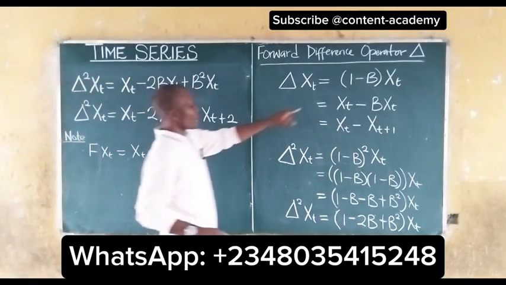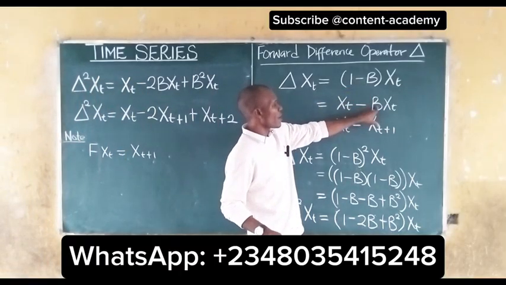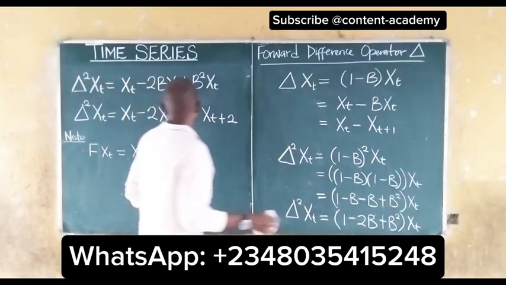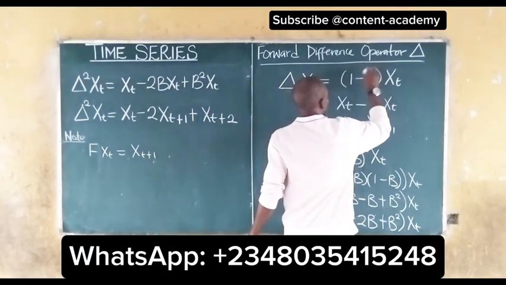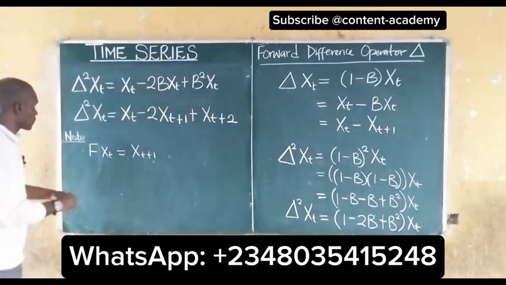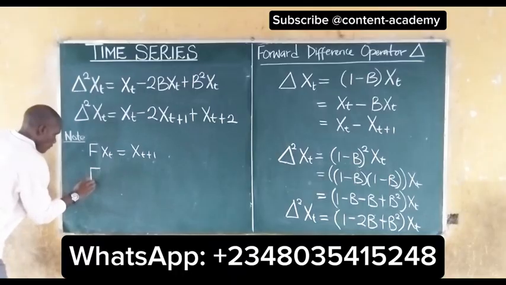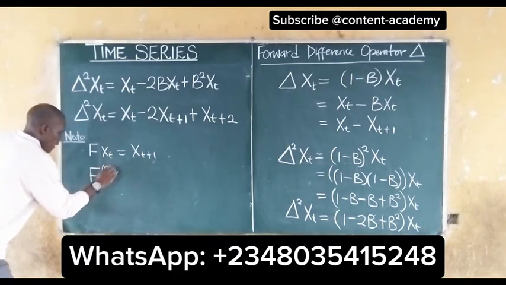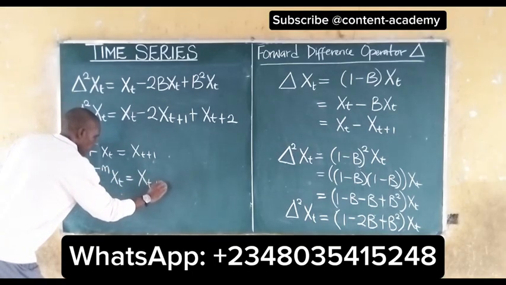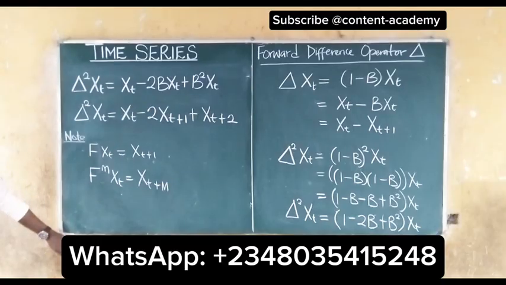If we put F, here will become F, here will become F. You can also do that so you don't get confused. So F^n Xt is equal to Xt plus n. That is how it is.